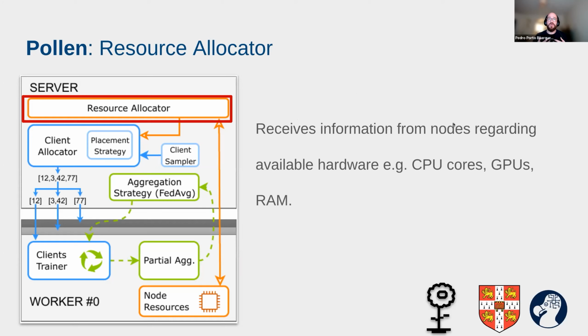So we do have this concept of resource allocator and a node resource module that will communicate the number of CPU cores and the number of GPUs that are available in each node to the server, so that the server can make a decision on which hardware is faster, which hardware is slower, and so forth.